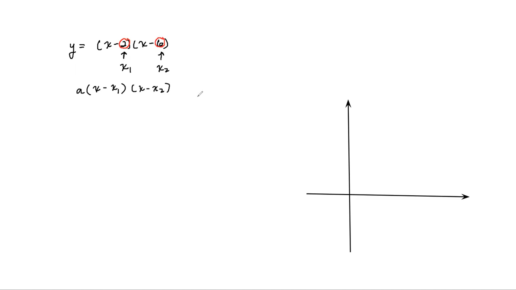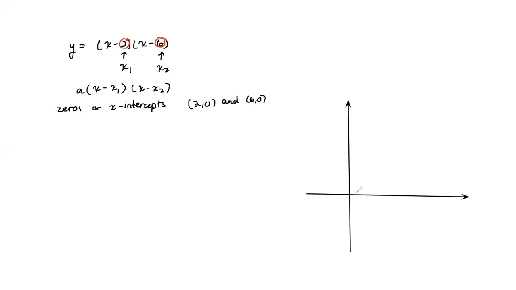And we know that our zeros, or x-intercepts, same idea, are basically going to be (2, 0) and (6, 0). So already I have 2 points, which is great.